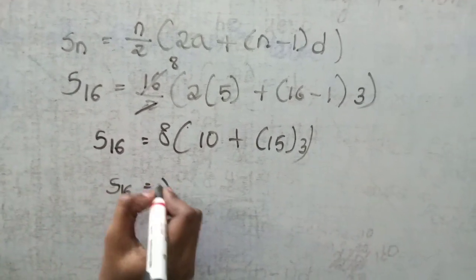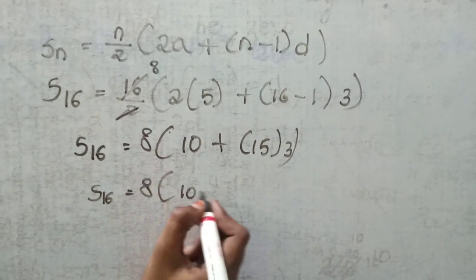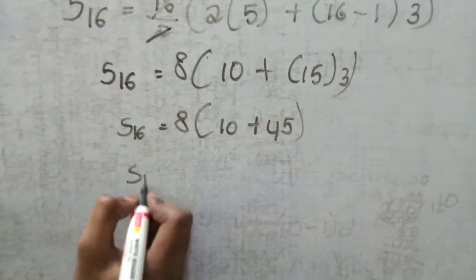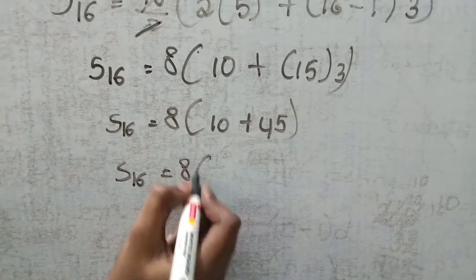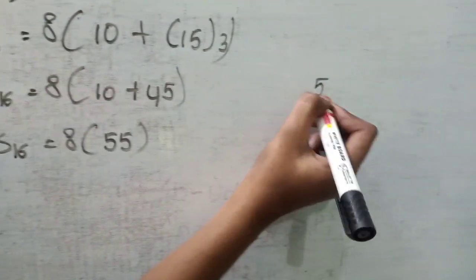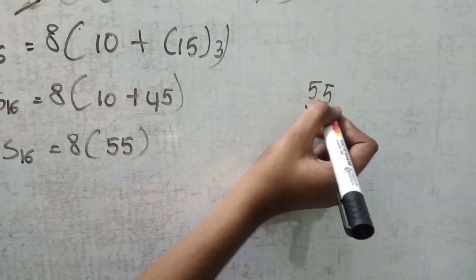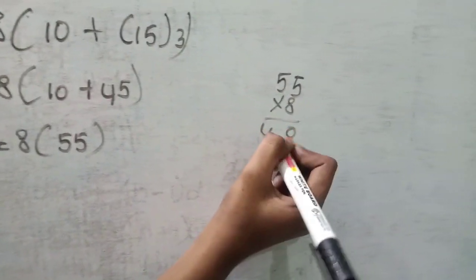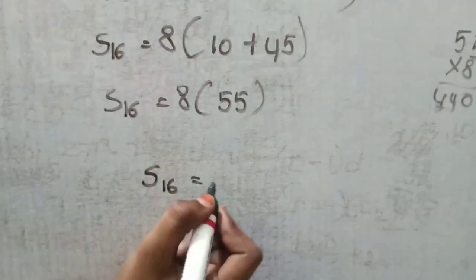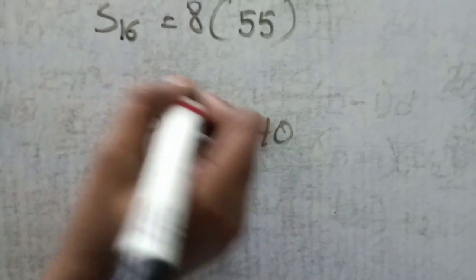S16 is equal to 8 into 10 plus 45. S16 is equal to 8 into 55. Therefore, S16 is equal to 440.